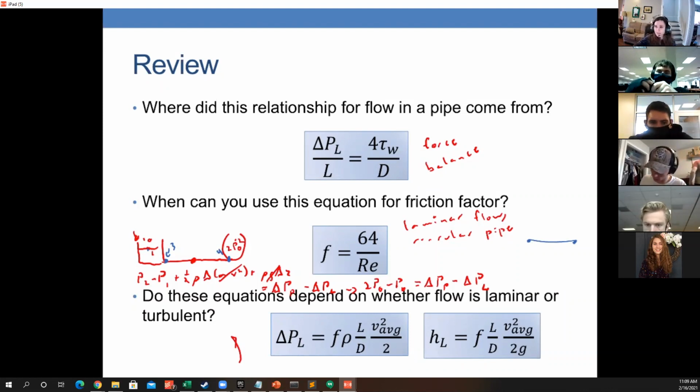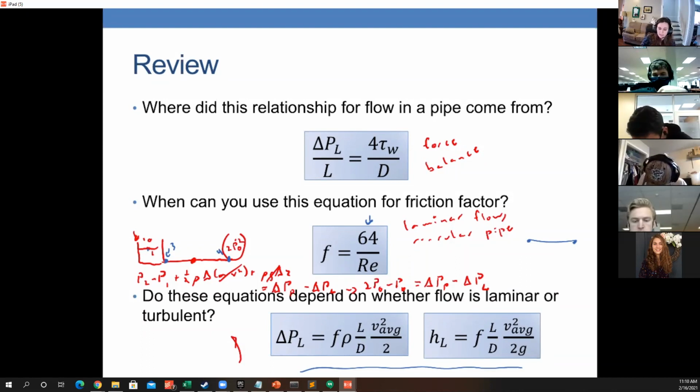Nope. That is why I asked this question, because this right here is just for laminar flow, telling you what the friction factor is, but these equations with the friction factor work either way. How to get the friction factor will change, but these equations don't, because they came from this same balance here, and that doesn't change.